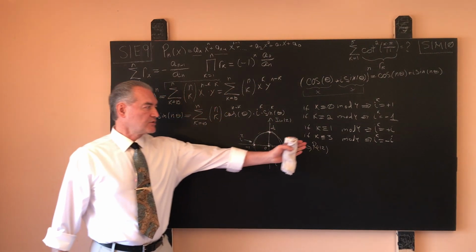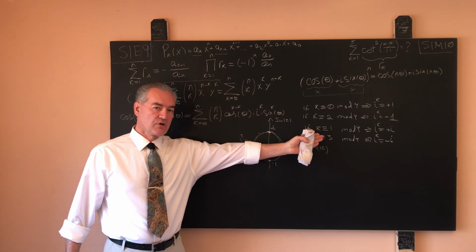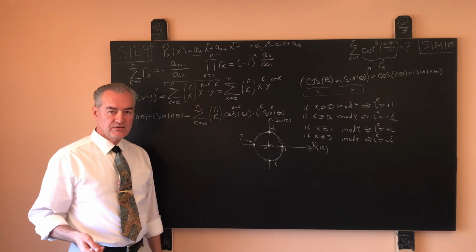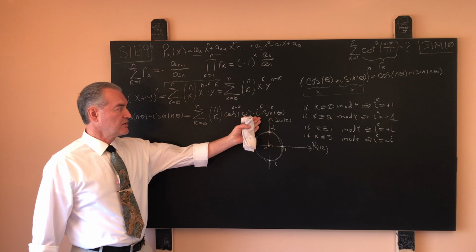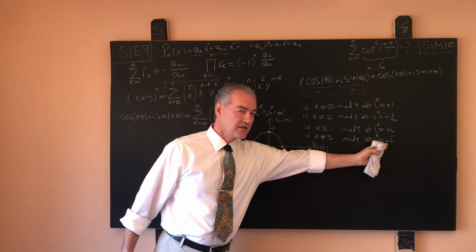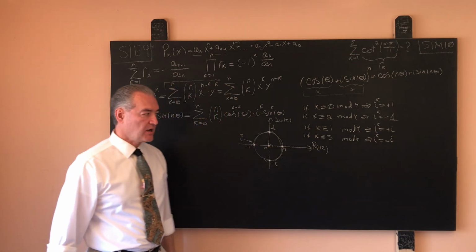Again, that means that all the positive odd numbers k in the shape of 3, 7, 11, 15, 19, and so on will convert the imaginary unit i raised to that power into negative i.